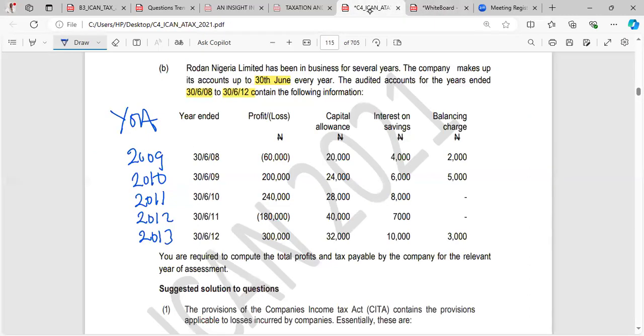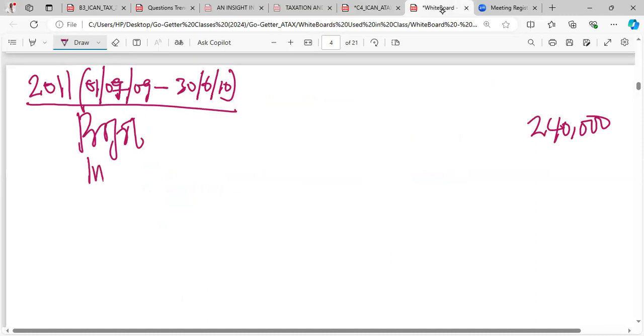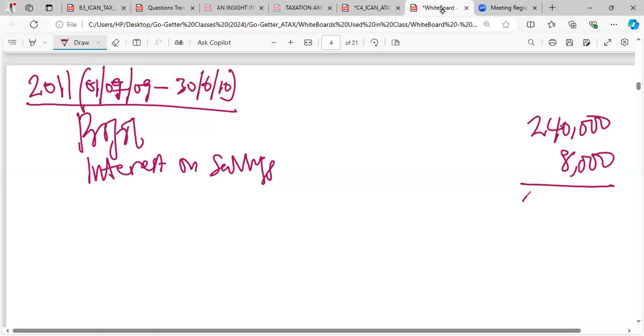What again are we given? Interest on savings, 8,000. Add them, 248,000. That should give you assessable profit.